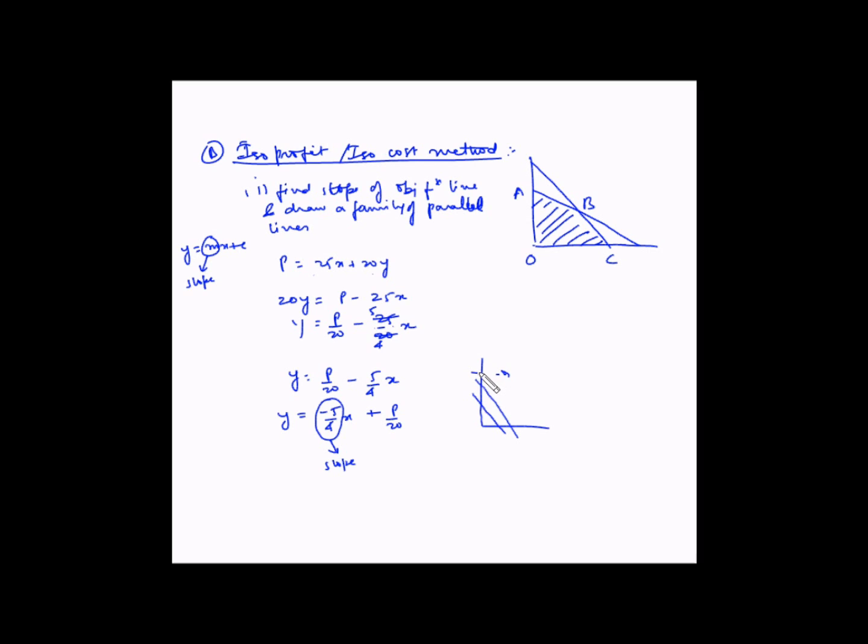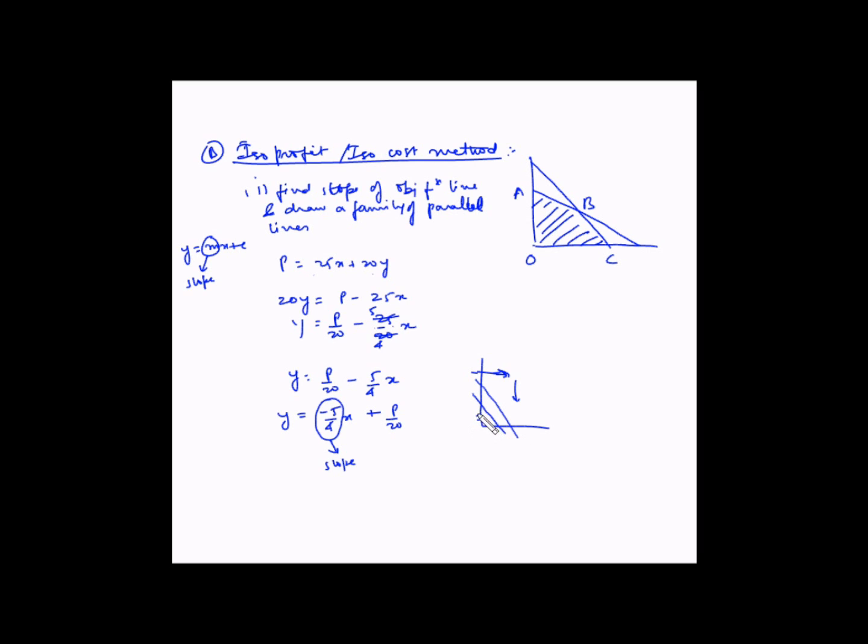So left to right, it is moving downwards. And 5 by 4 means that it moves 5 steps on the vertical side for every 4 steps on the horizontal side.